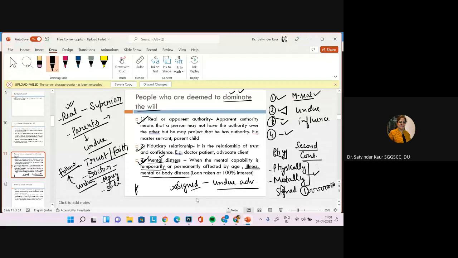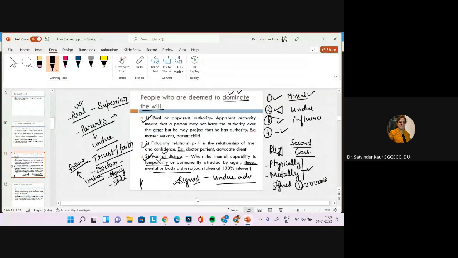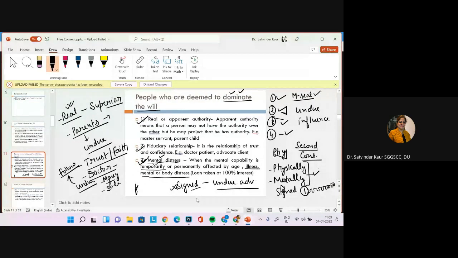In that case, if any contract is entered into or the other party takes certain undue advantage, the first party, when in a position to, can definitely avoid the contract. The contract will be voidable at his option under the head of undue influence, because his consent was not free and he signed or transferred the property in a state of mental distress. So domination of will is presumed or considered in all these circumstances.